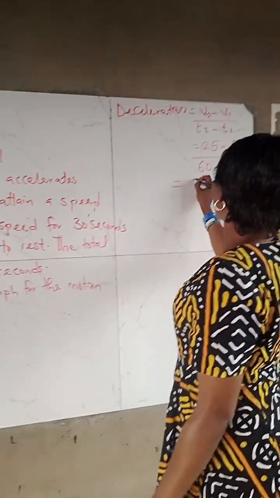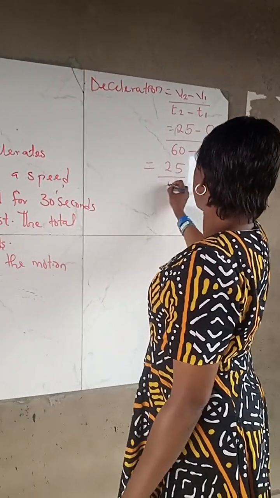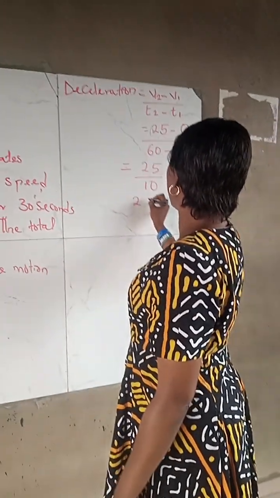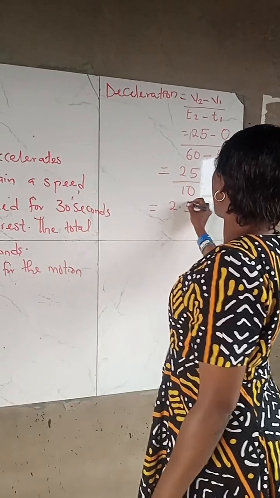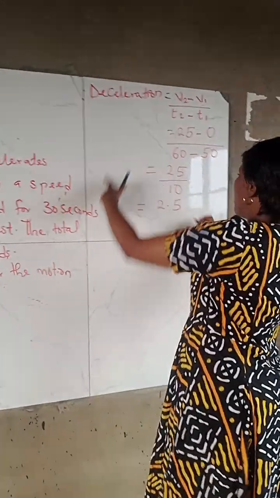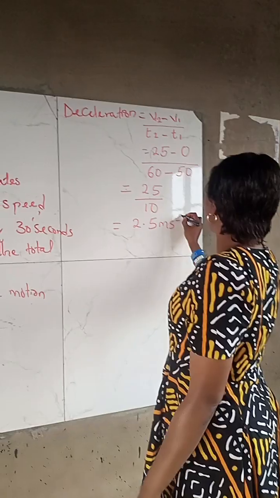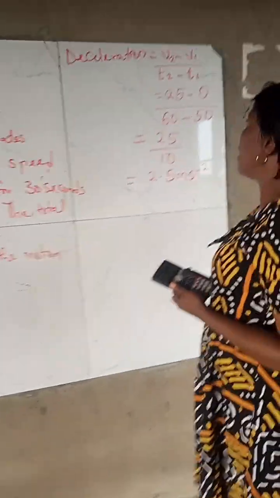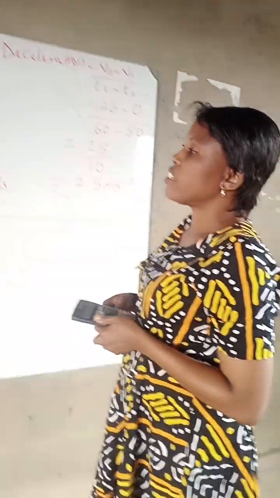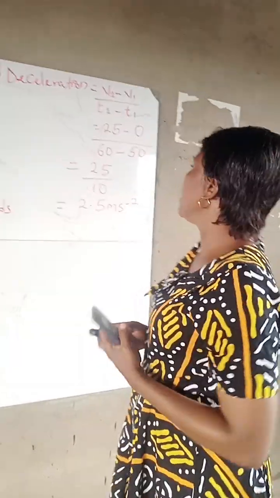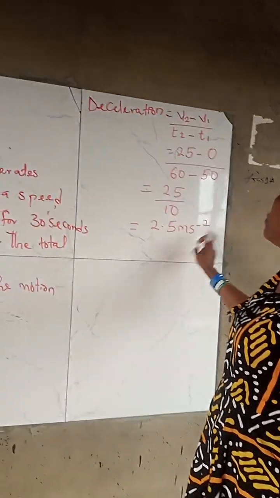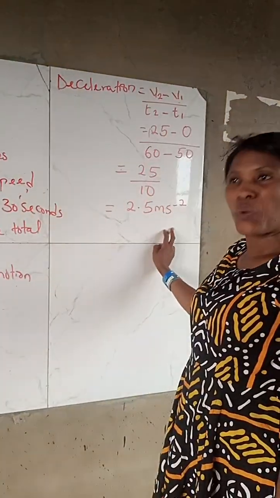So this will give me 25 over 10, and that's going to give me 2.5. Mind you, deceleration is in meters per second squared. So the deceleration for this journey is 2.5 meters per second squared.